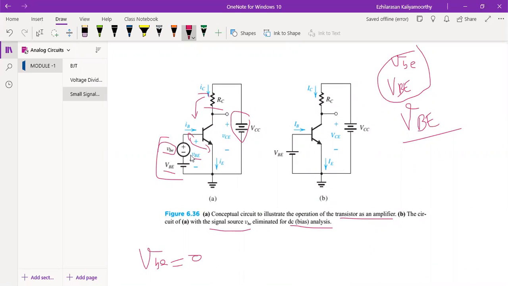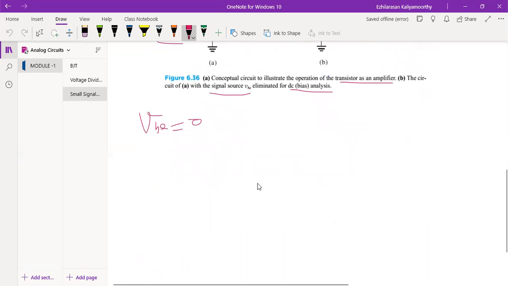If I set vbe equal to 0, then the circuit will become like this. Now let us find the relationship for the DC currents and voltages. So what is the relationship?